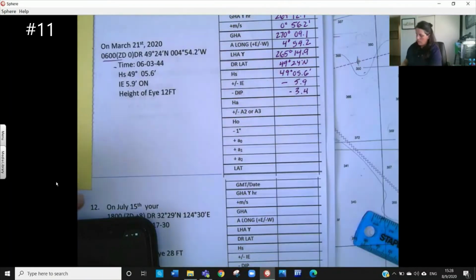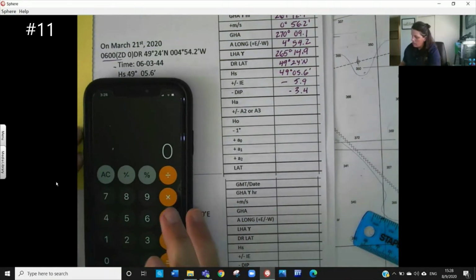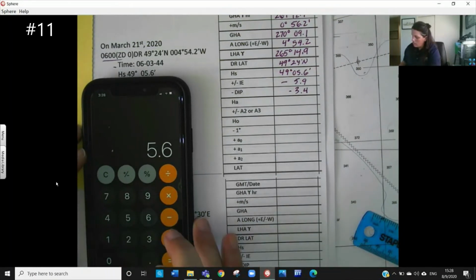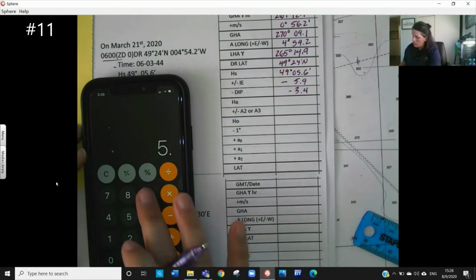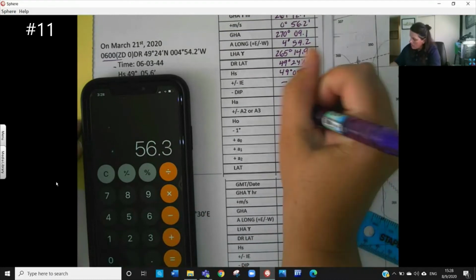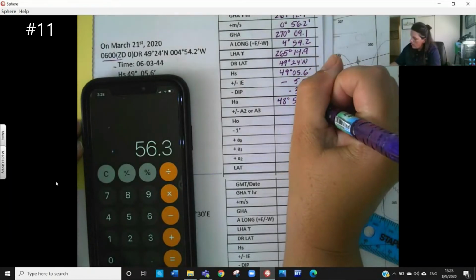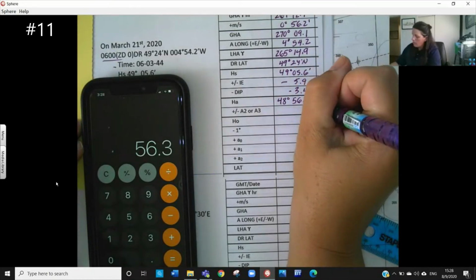You have to figure out what our apparent altitude is. It gives us a negative number, so we have to add 60 to it. We get 48 degrees, 56.3.